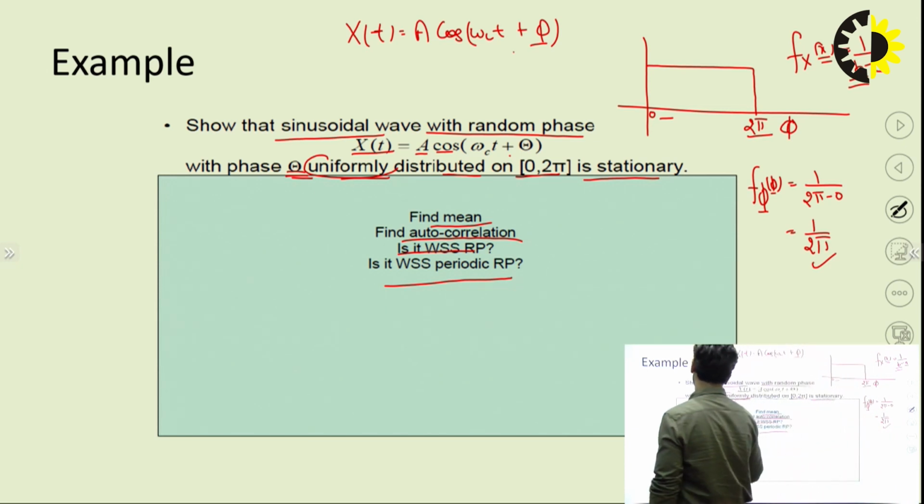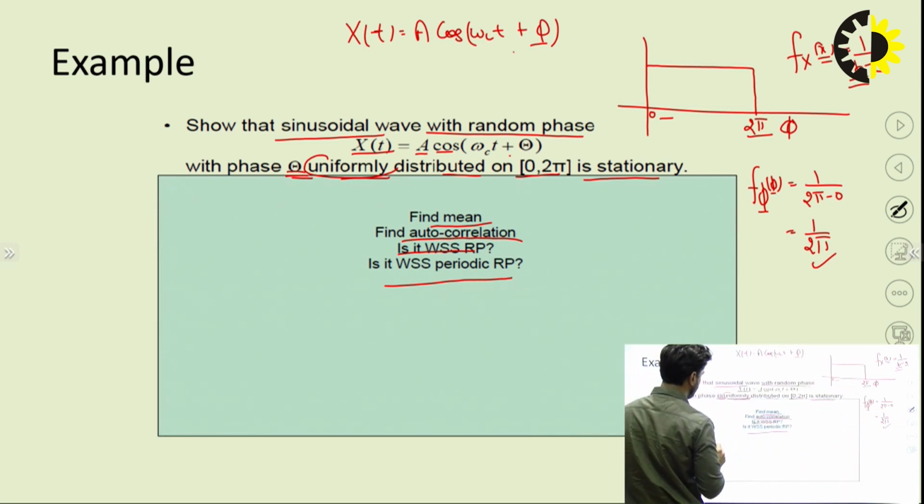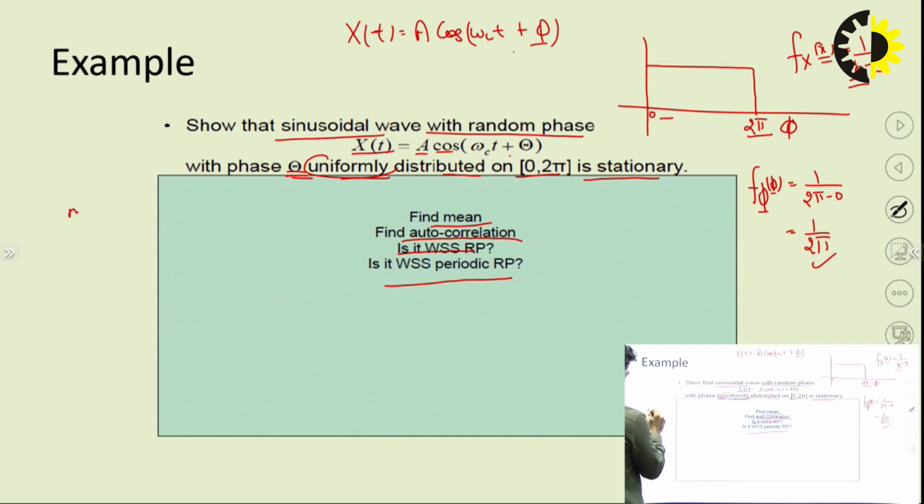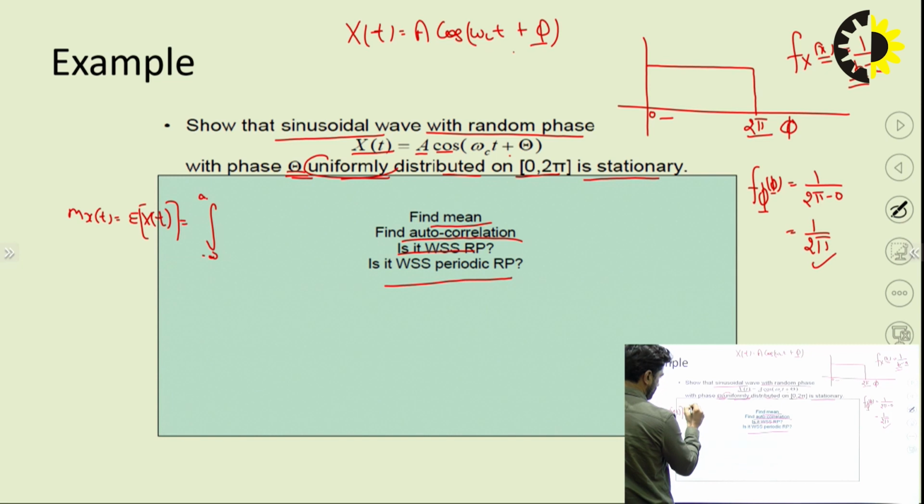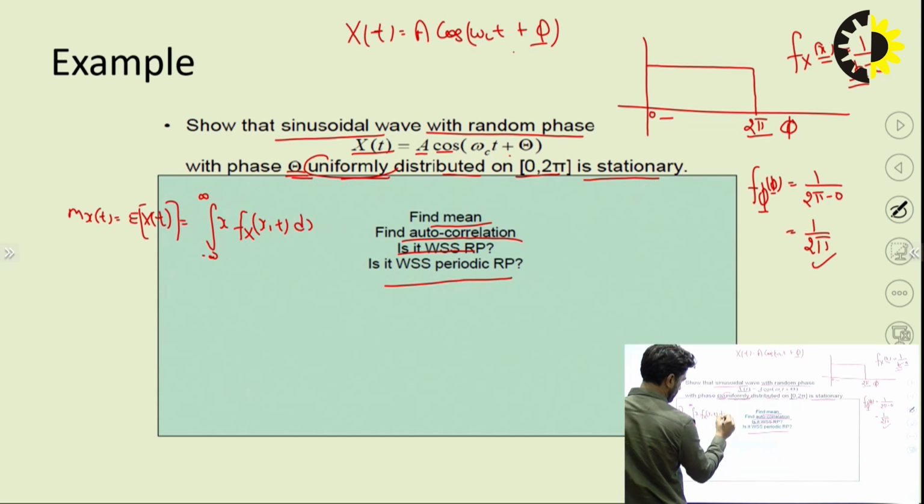Now we have to find out the mean. We know from previous lectures that this is the formula to find out the mean.